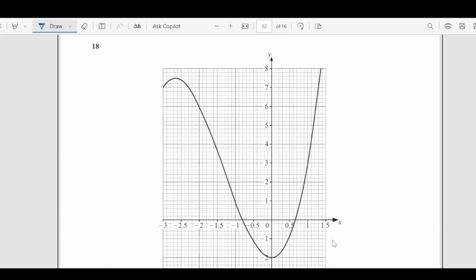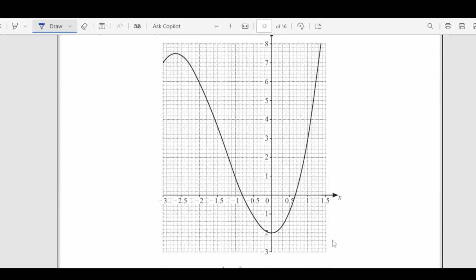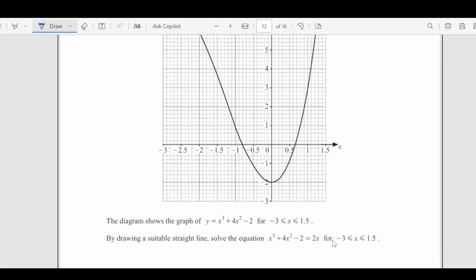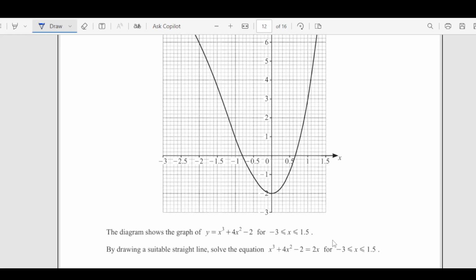Now number 18, we have a graph here. You can see the diagram shows the graph of y equals x cubed plus 4x squared minus 2, right, for the values of x from -3 to 1.5. You can see -3 to 1.5, right?